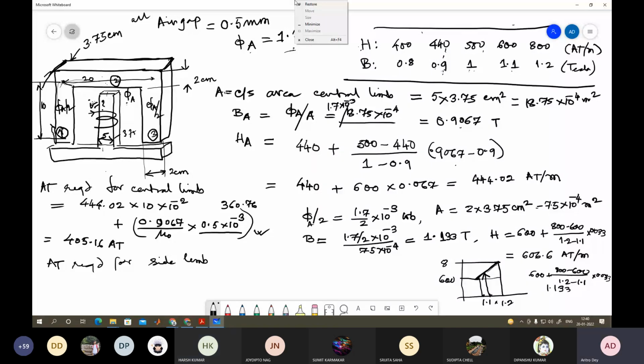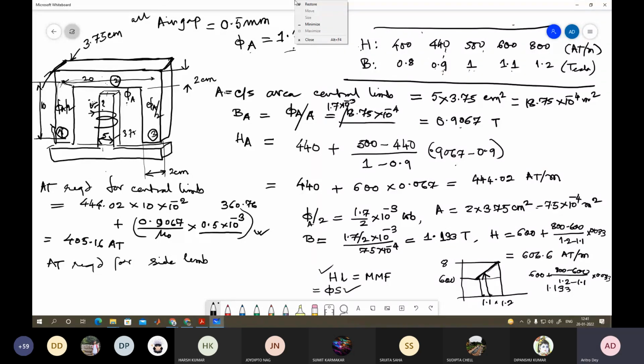We are calculating H because we need to find H into L, which is equal to your MMF, or else we have to find phi into S, the reluctance. Either we have to find this or this, isn't it?